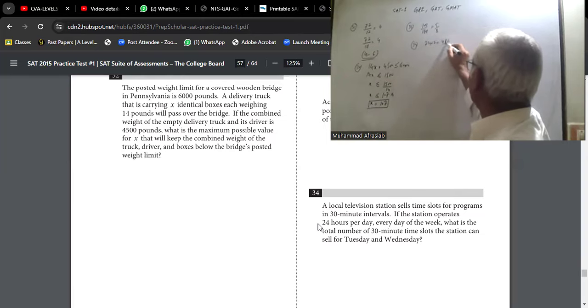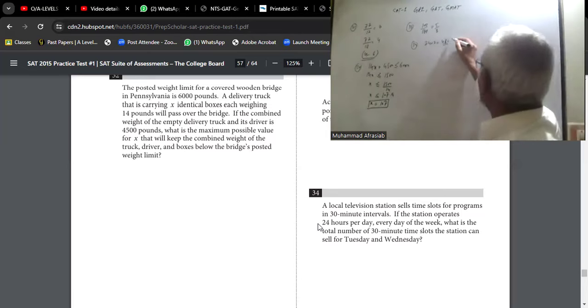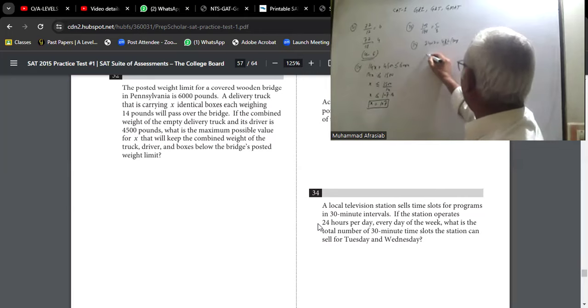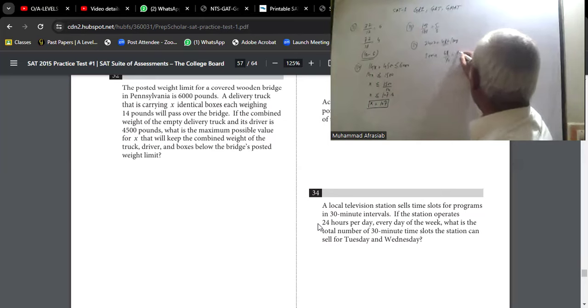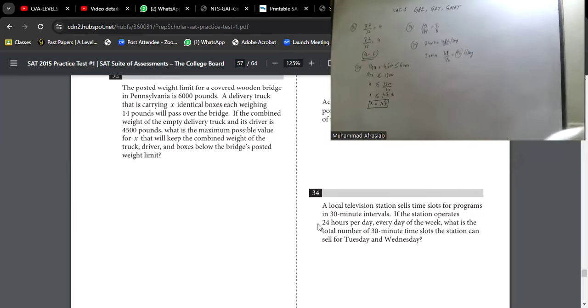Then, for Tuesday and Wednesday, we multiply by 2, so that should be equal to 96 slots for Tuesday and Wednesday.